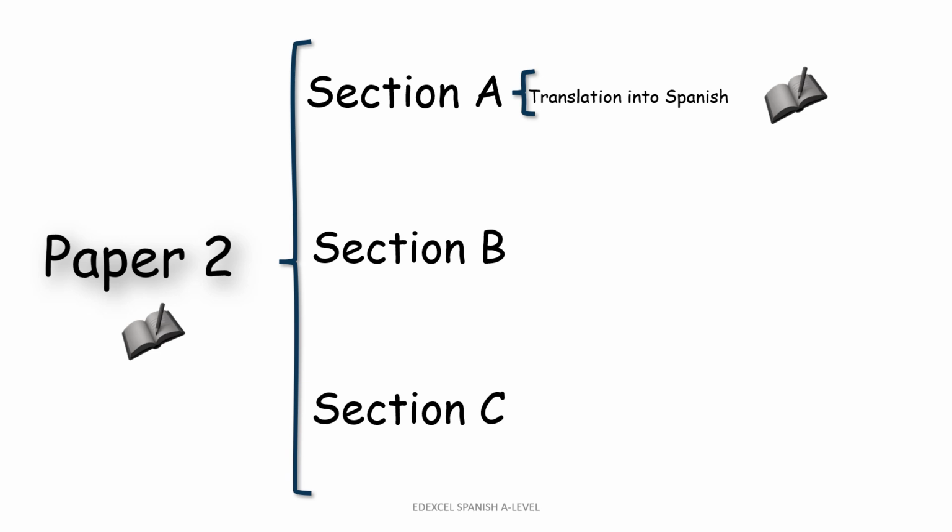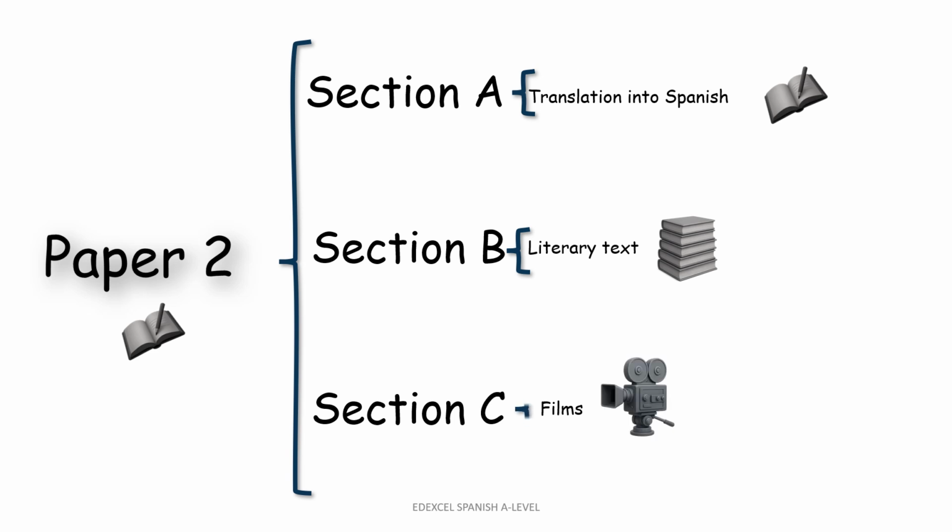In Section B, you will answer questions about a book or books chosen either by you or by your school. And in Section C, the focus is on a movie you have studied. For sections B and C, you can choose one of 2 options.